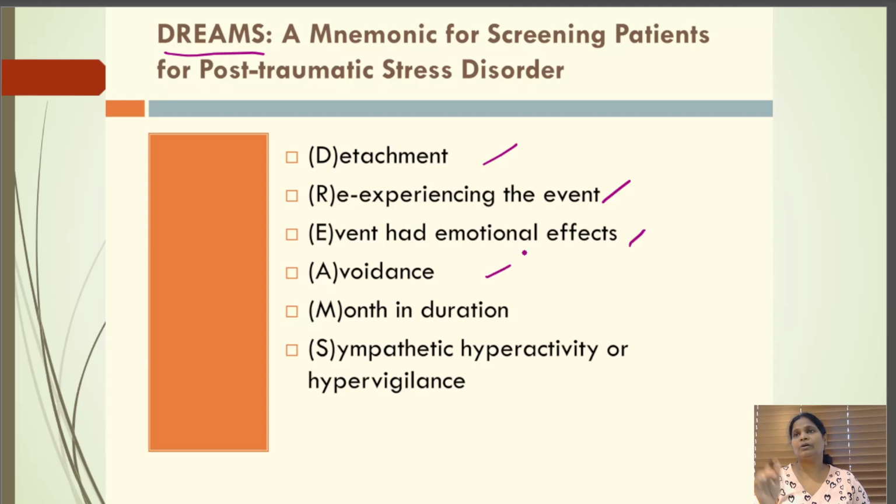Then A for avoidance of situations or an event which has occurred. The places are mostly avoided, and at least these are present in the person for a month in duration. Definitely it takes a month. And S for sympathetic hyperactivity or hypervigilance, as described in signs and symptoms.